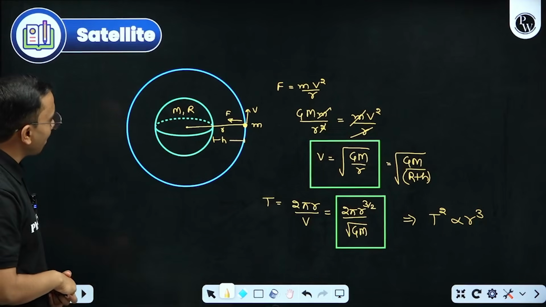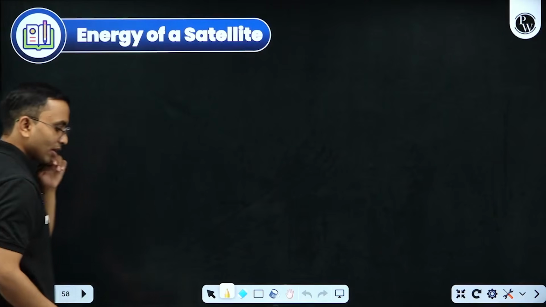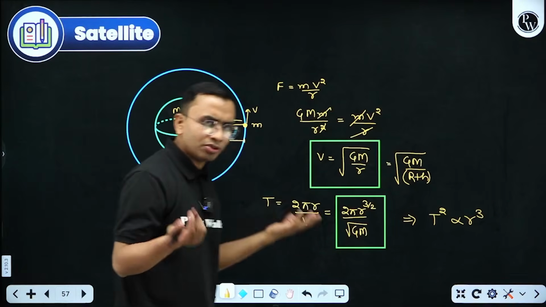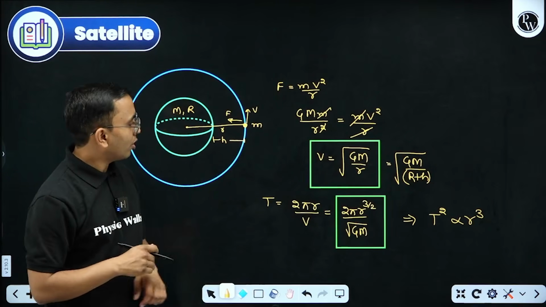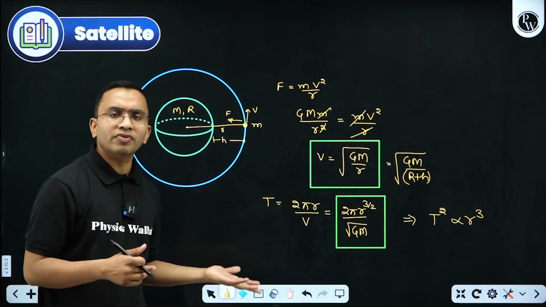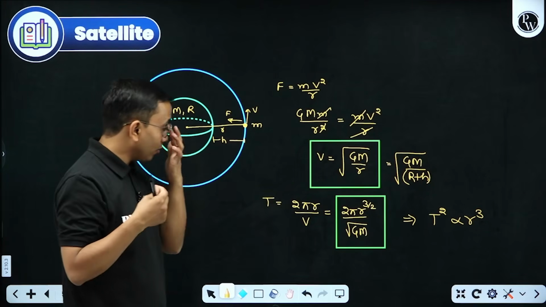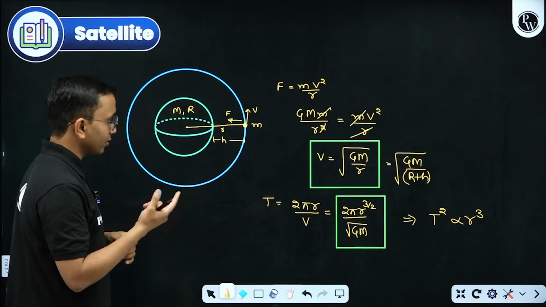Okay, getting it? Now a few of the other things if you have to find from here. Let us take omega. You have to find omega, you can write v by r, or frequency you have to find, you can find from here. Getting it? And let us take, you have to find the angular momentum of the satellite, that will become mvr. So all those things you can find.